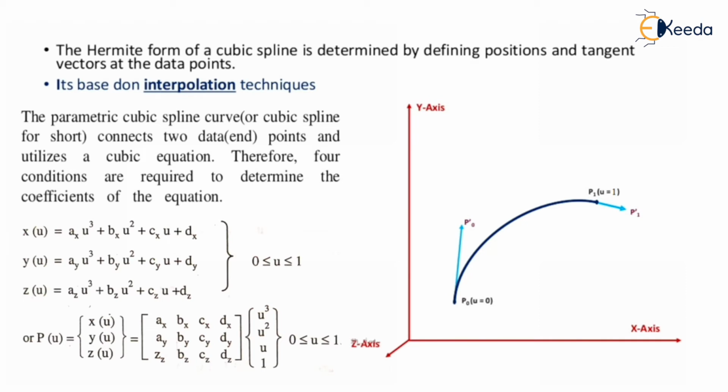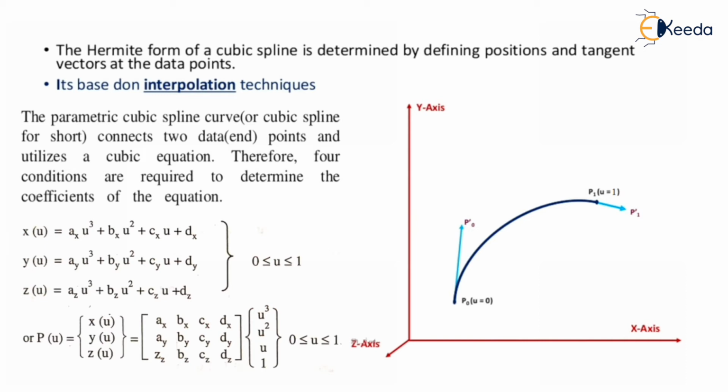A parametric cubic spline curve, or cubic spline for short, connects two data points, that is endpoints, and utilizes a cubic equation. Therefore, four conditions are required to determine the coefficients of the equation. Always remember it is a cubic spline curve, so we have to use a cubic equation.